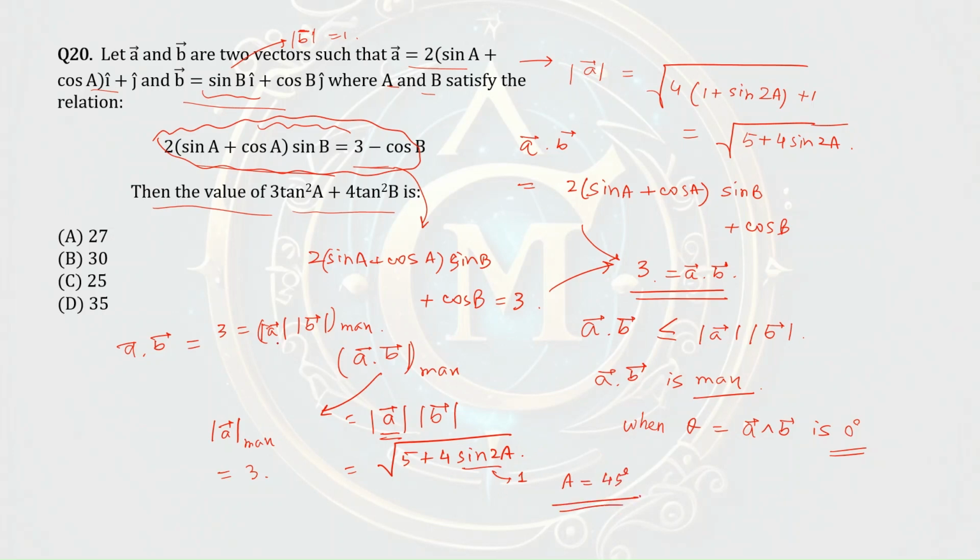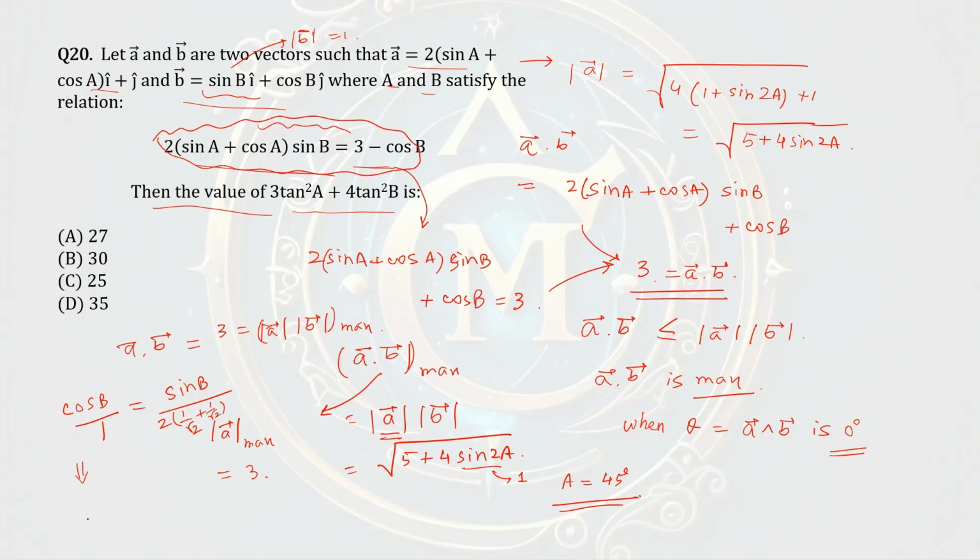So we can say that B should be collinear with A. That means their coefficients corresponding to the j cap and i cap have to be in the same ratio. So cos B divided by 1 is equal to sin B divided by 2 into sin A plus cos A. A is 45, so we can write 2 into 1 by root 2 plus 1 by root 2.